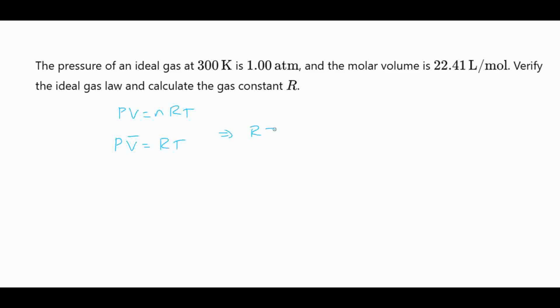Now here R is equal to PV by T. V is given as 22.41 liters per mole. The volume is given in liters, so we have to convert into meter cube. 1 liter is equal to 10 power minus 3 meter cube.